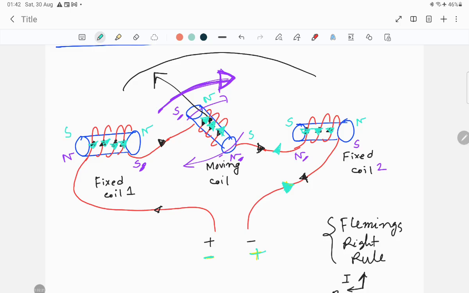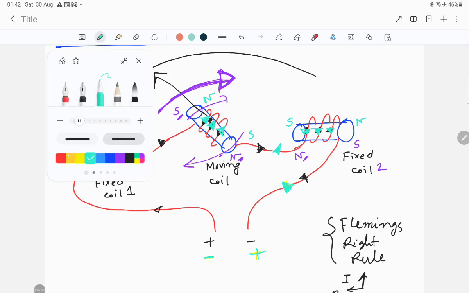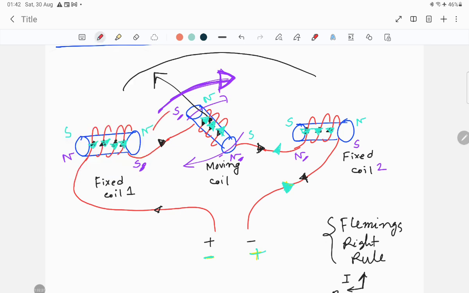So again the same principle, the north pole will try to oppose the north pole, and this south will try to oppose this south. So as a result, again the force will be applied in this direction.